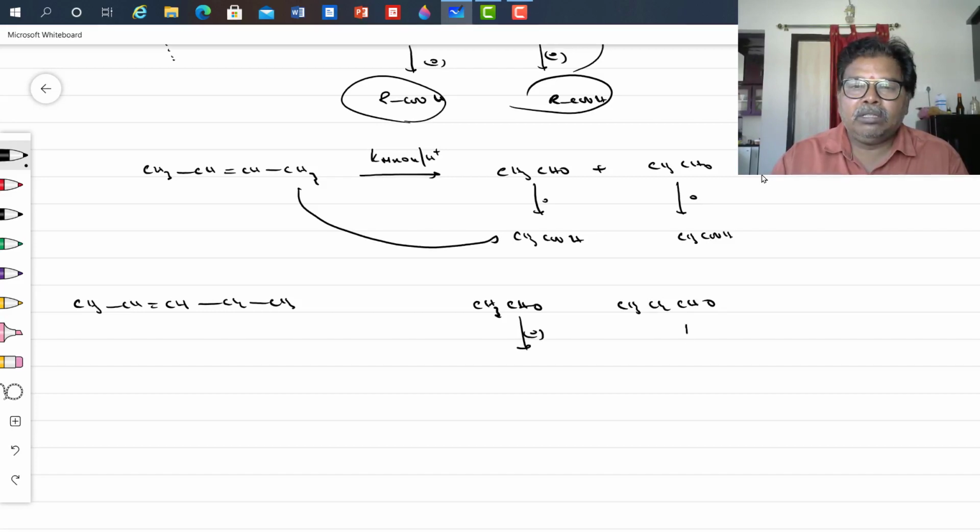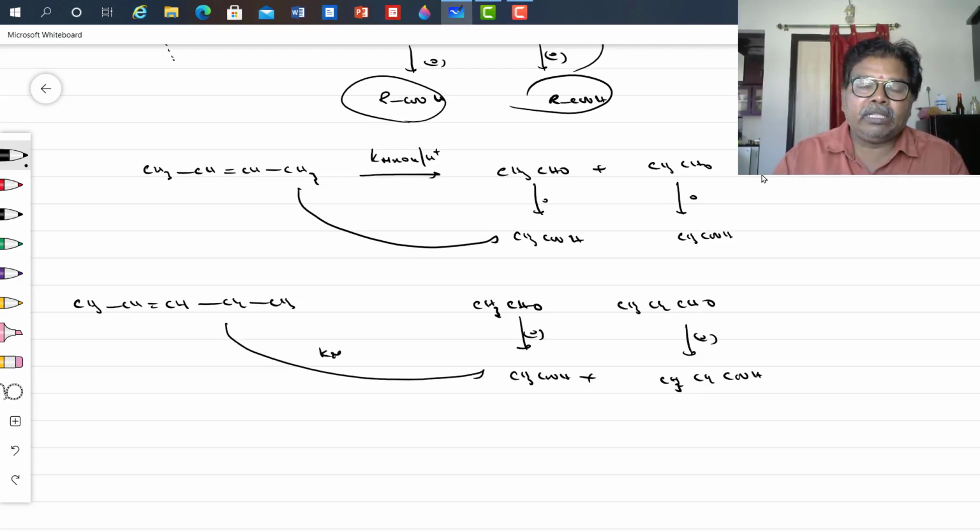Now oxidize them: CH3COOH and CH3CH2COOH. So these are the products obtained when it is oxidized with acidified potassium permanganate.